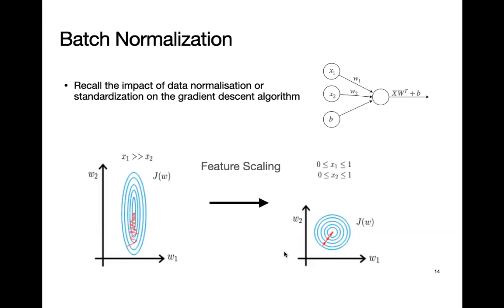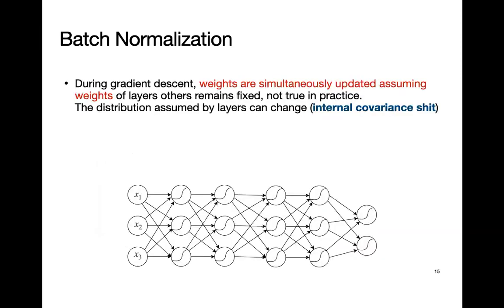Now, when it comes to neural networks, I have this model, I normalize my input, okay? But am I sure that to compute the output of this unit, the inputs are normalized? In general, they are not normalized, right? So you can normalize your inputs, but in between layers, you have non-normalized inputs for the next layers, okay?